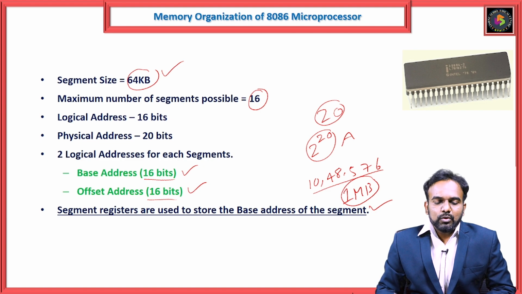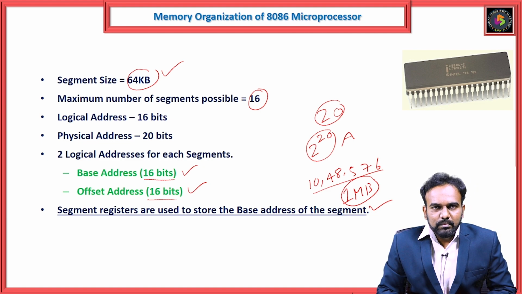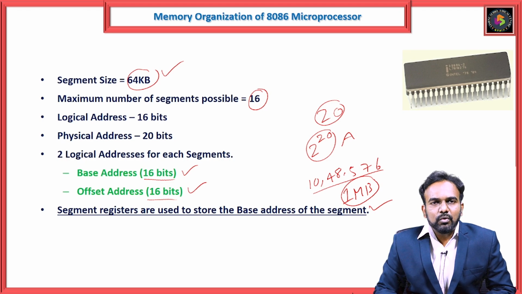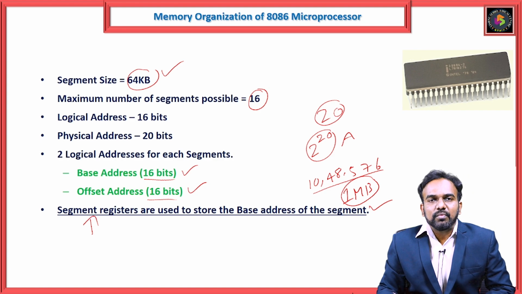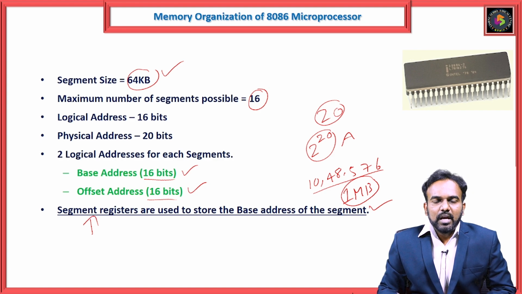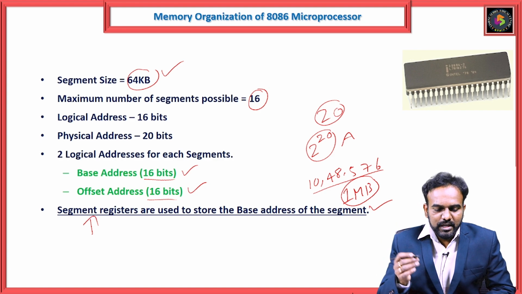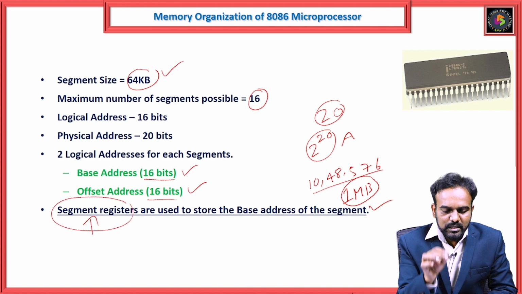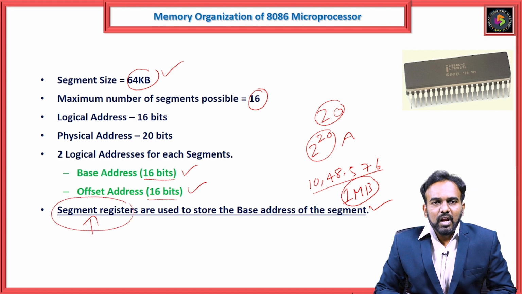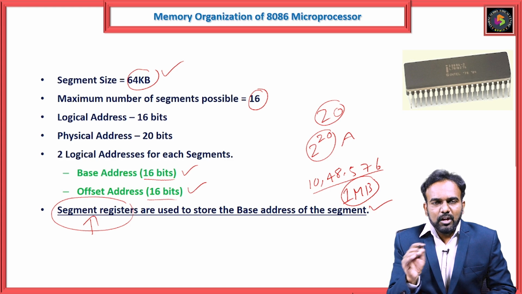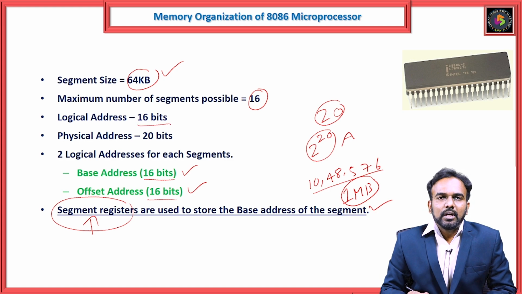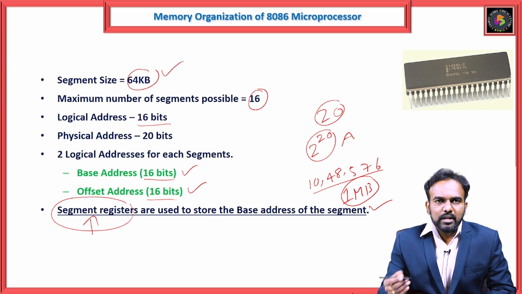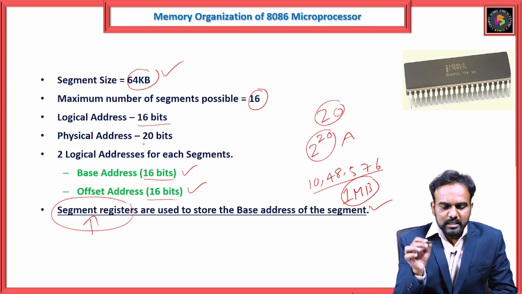To access the data from each segment of the 8086 microprocessor, we have registers like segment registers and registers like offset registers. To store the base address of the segment, we use the segment register. If you combine them, the logical address size is 16 bits. The total 20-bit address we call the physical address.